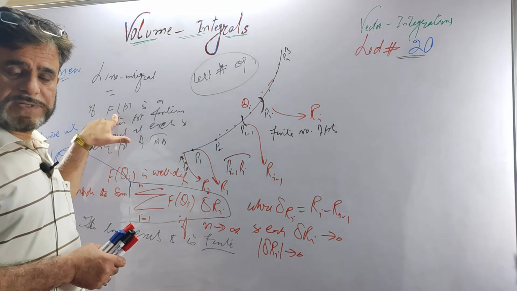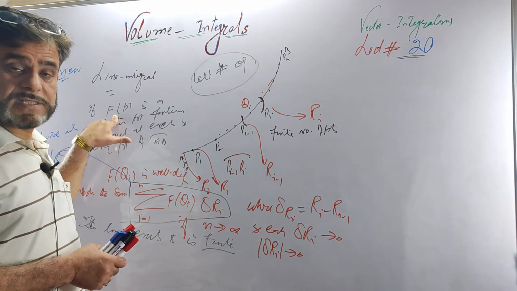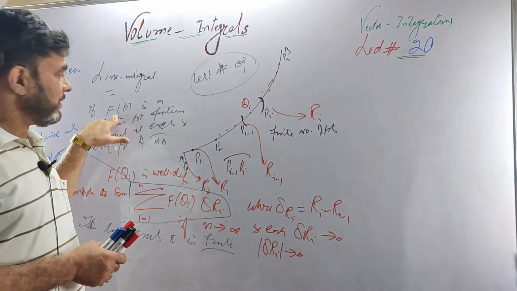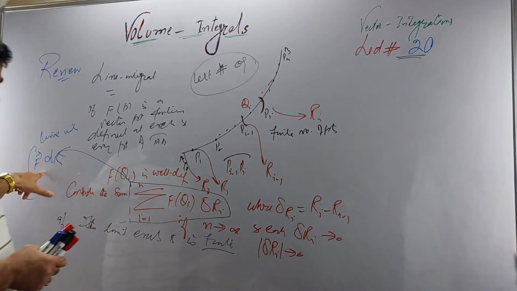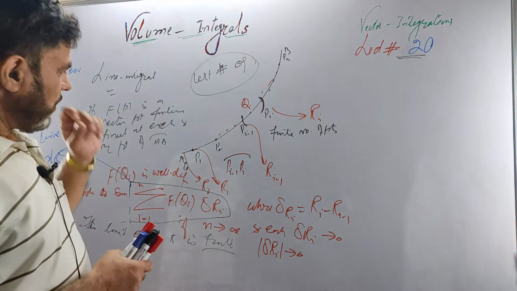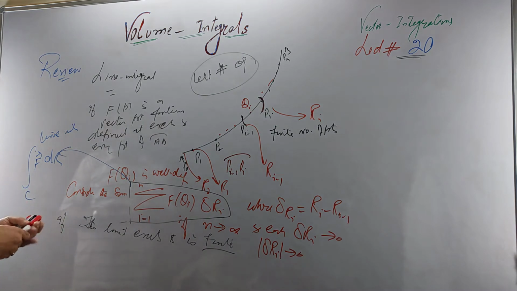One more physical significance is that in fluid dynamics, it represents the circulation. If v is the velocity of any fluid, then v dot dr represents the circulation. You did it.